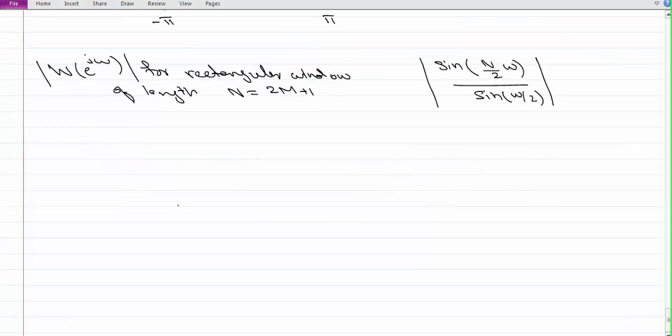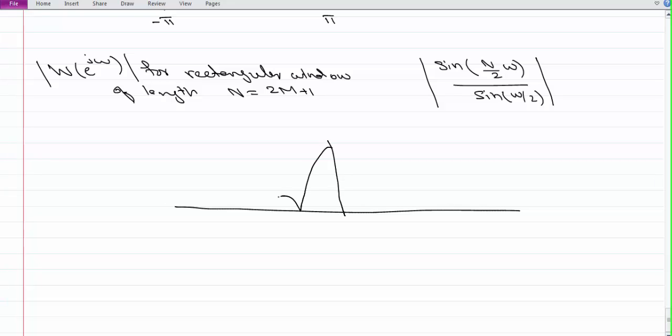And if I plot that, this is from minus π to π.